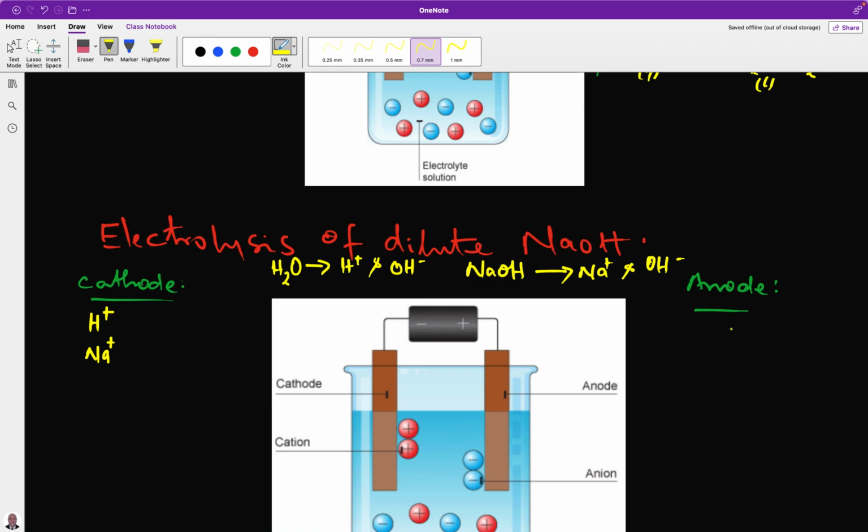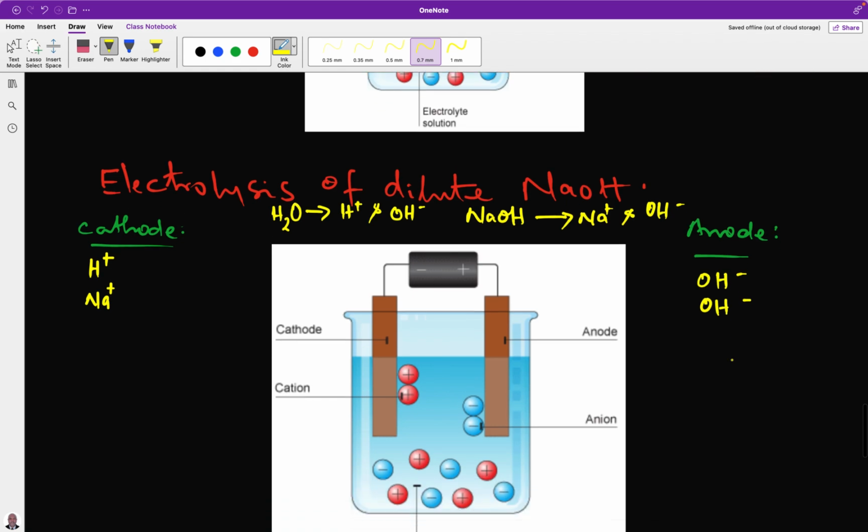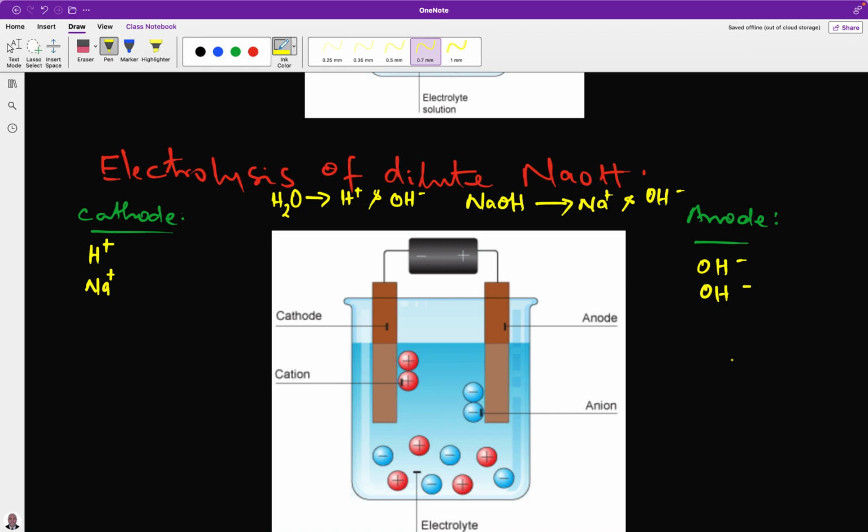So OH comes here, and from here it's still the same OH. So it's the same OH everywhere. Now, what is happening at the cathode? As we said, reduction is taking place at the cathode. Meanwhile, at the anode, oxidation.